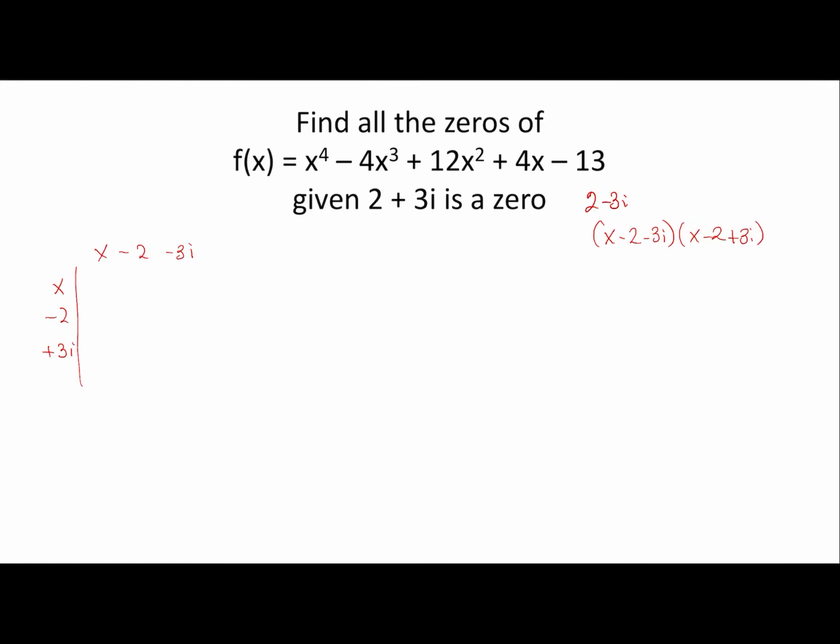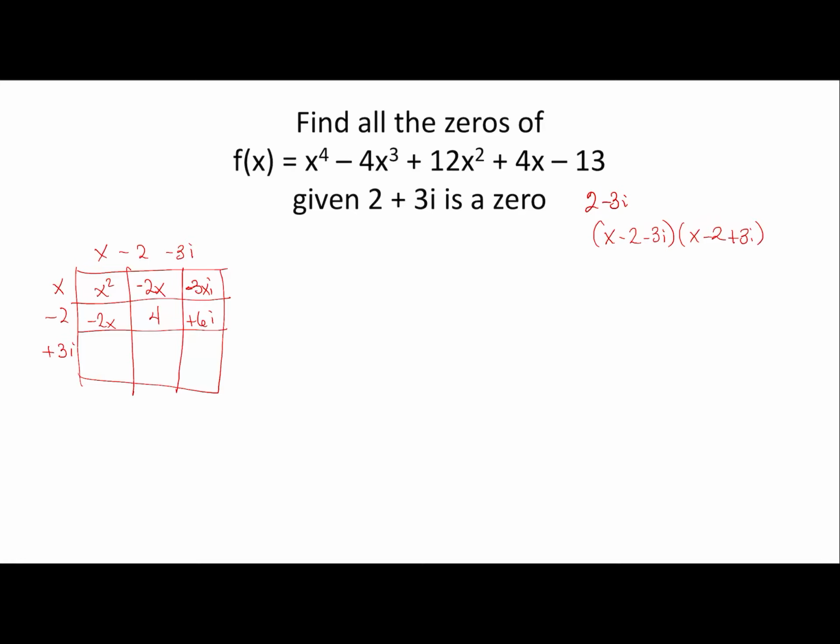I can use product boxes to help keep things organized. X times x is x squared, x times a -2 is a -2x, x times a -3i is a -3xi, -2 times x is a -2x, -2 times a -2 is a +4, and -2 times a -3i is a +6i.